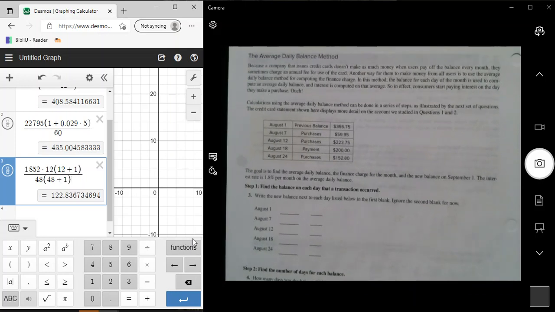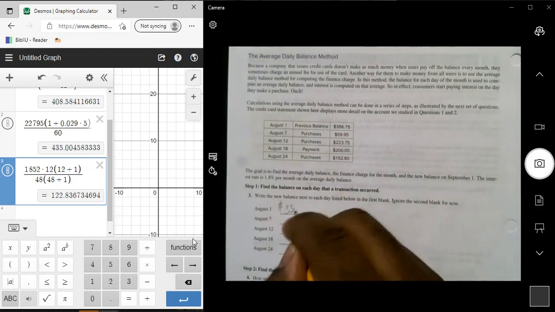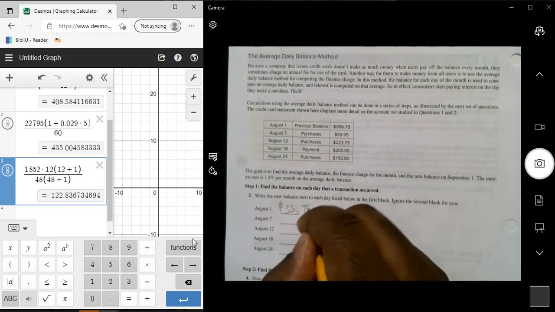The interest rate is 1.8% per month on the average daily balance. So step 1, find the balance on each day that a transaction occurred. Write the new balance next to each day listed below in the first blank. Ignore the second blank for now. So on August 1st, the start of the month, we had $356.75.